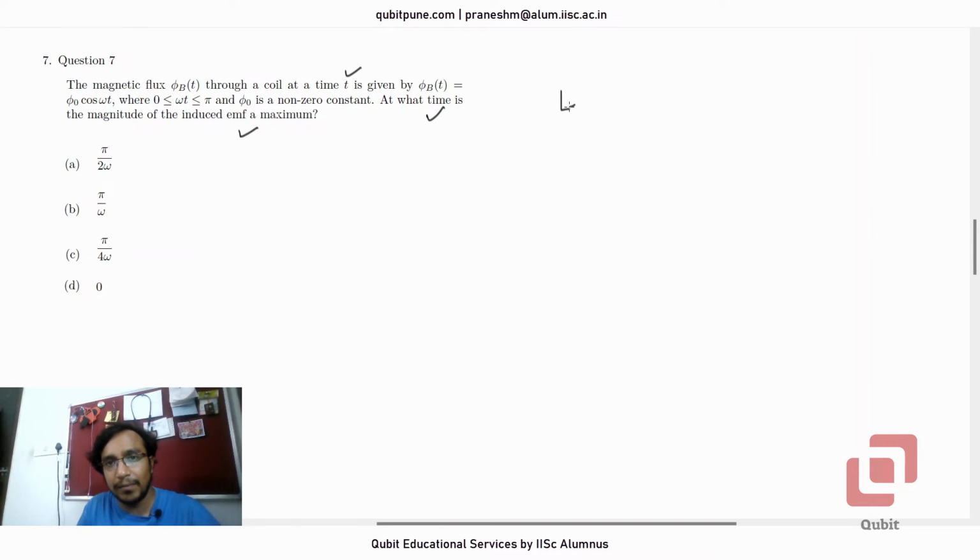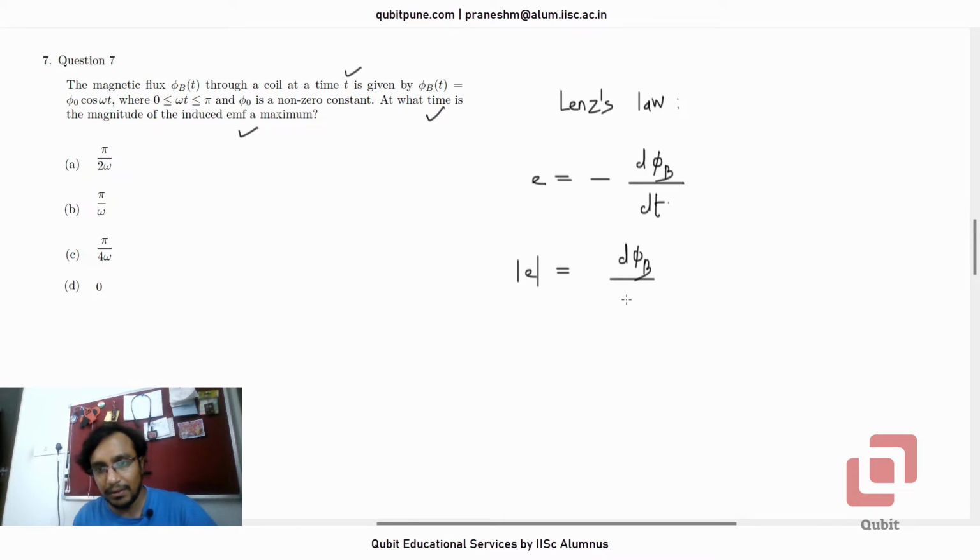We have to use Lenz's law, which states that the induced EMF E is the negative of the derivative of the magnetic flux associated with a coil with respect to time. Now because we want mod E, we will just take the derivative and put mod. We'll ignore the negative sign.